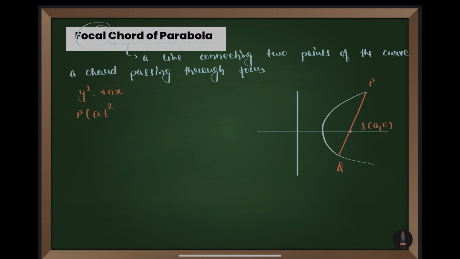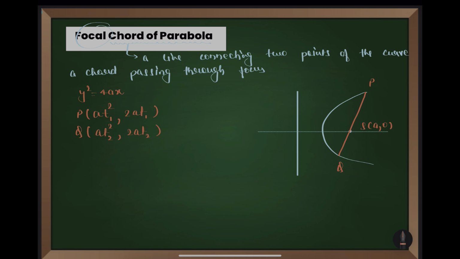So in place of x, I am taking a t square, so y will be 2at. Now you have to imagine 2 points on the curve. So can I go with (a t1 square, 2a t1) for P, and for Q (a t2 square, 2a t2).